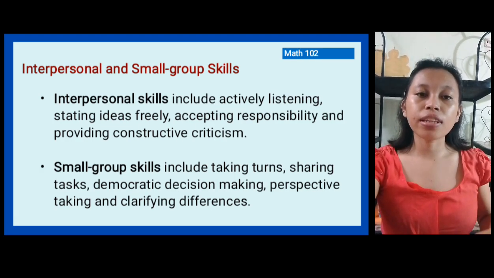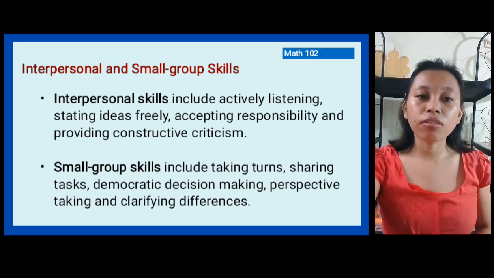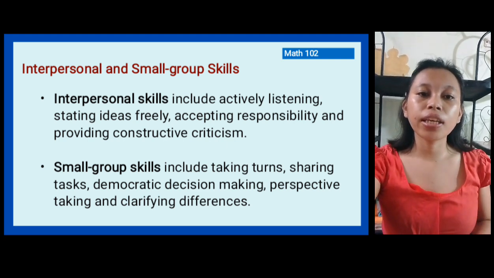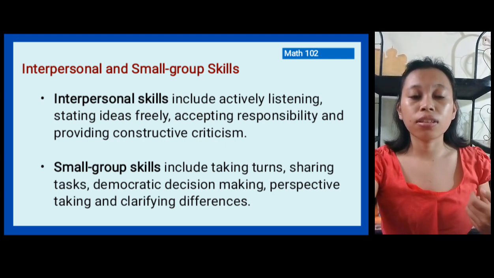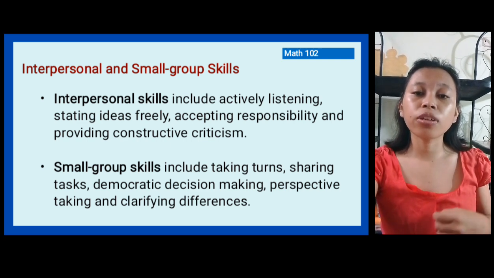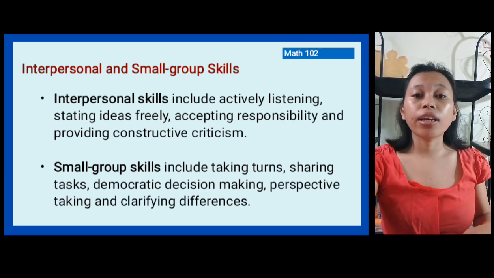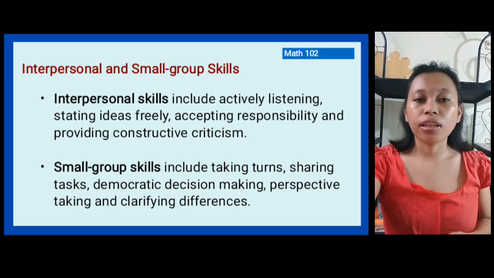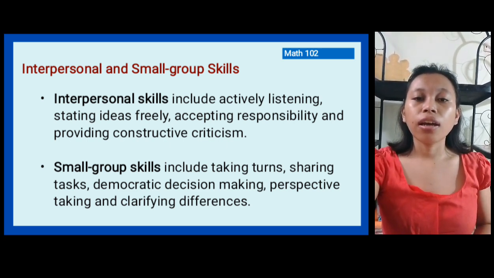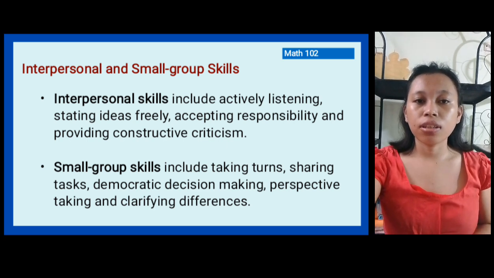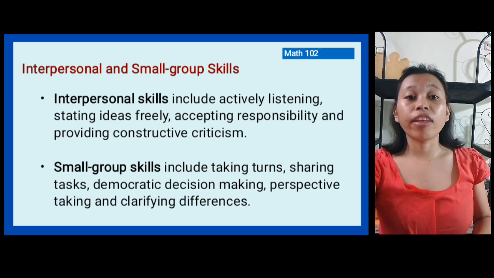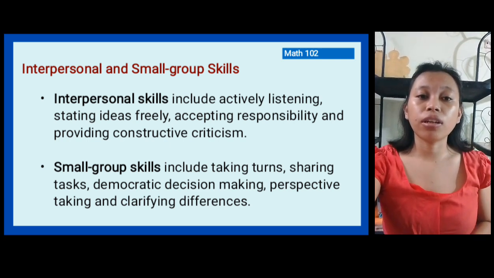Okay, let us know first the interpersonal skills. Interpersonal skills include actively listening, stating ideas freely, accepting responsibility, and providing constructive criticism. When we say interpersonal, it is where you communicate and interact with other people. That's interpersonal skills. And the small group skills include taking turns, sharing tasks, democratic decision making, perspective taking, and clarifying differences.